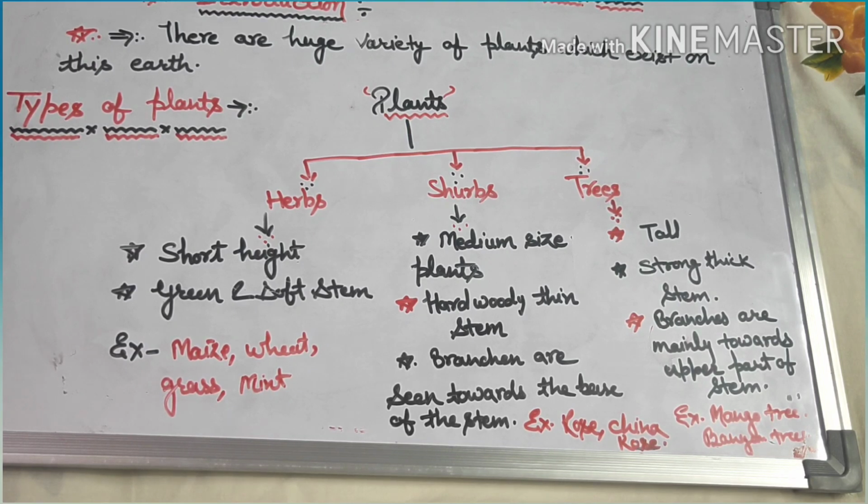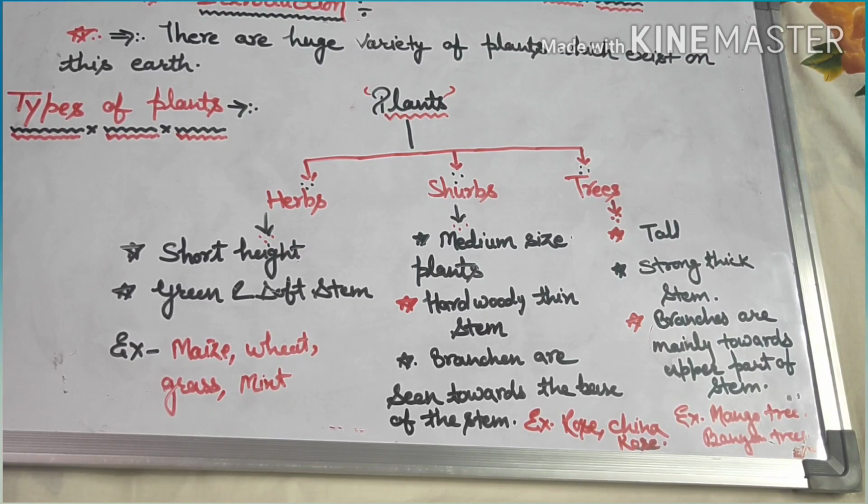Similarly, the stem of the rose plant can sometimes be green and sometimes brown, but it is also hard and woody. Branches are seen towards the base of the stem. Some examples of shrubs are rose and China rose.